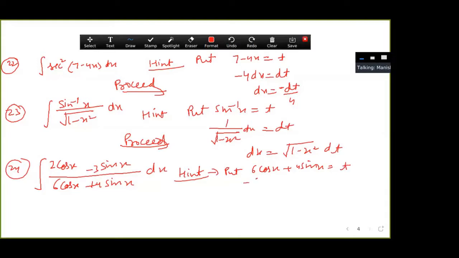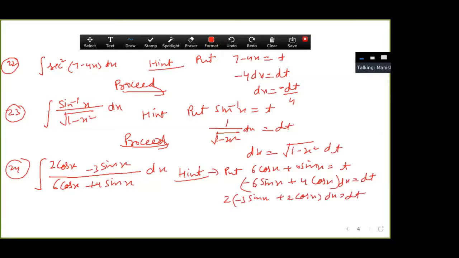Now the derivative is minus 6 sin x plus 4 cos x into dx is equal to dt. Take the common 2. This becomes 2 times (minus 3 sin x plus 2 cos x) dx is equal to dt.